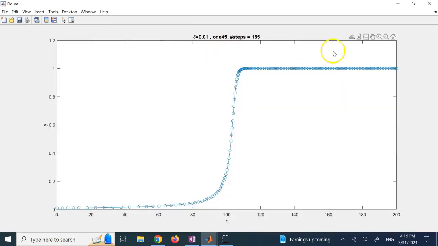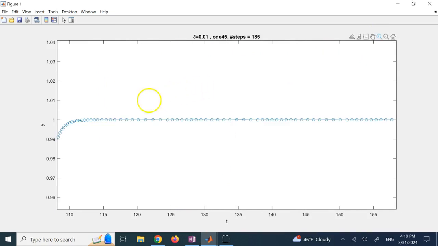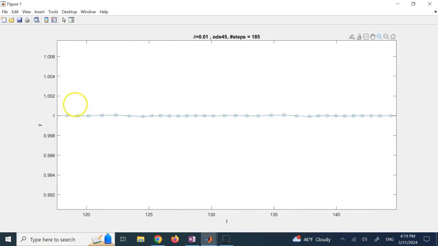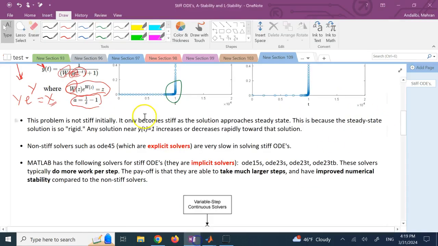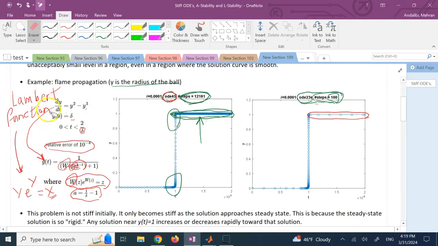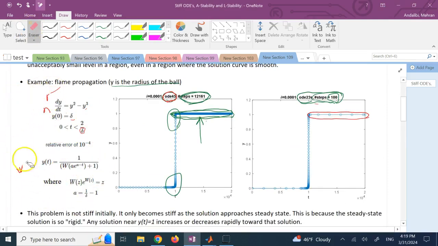If you zoom into this area, it's similar but not as bad, because in this case the delta is not very small, so you see oscillations but not as bad. So this ODE is really stiff, as I said, when that parameter delta is small and the simulation time is large and the initial condition is very small. That's where it shows the stiffness.